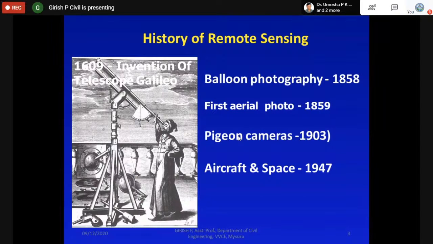In that concept, initially balloon photography in the year 1858, and then first aerial photos in the year 1859, and using pigeon cameras, the taking of photographs in the year 1903, and then the advanced way, the collection of data by aircraft and spacecraft from 1947 onwards.